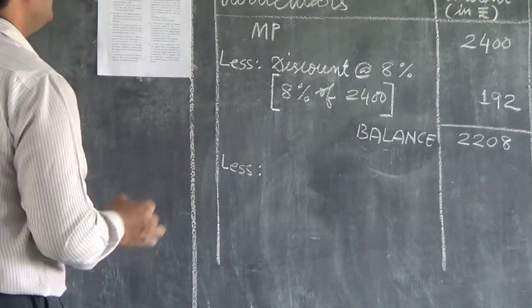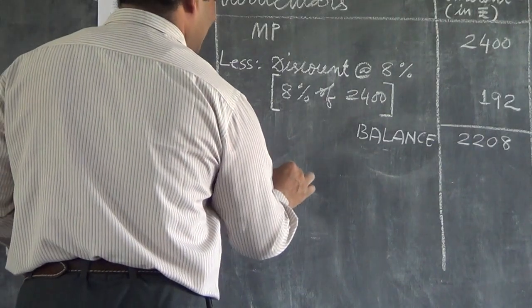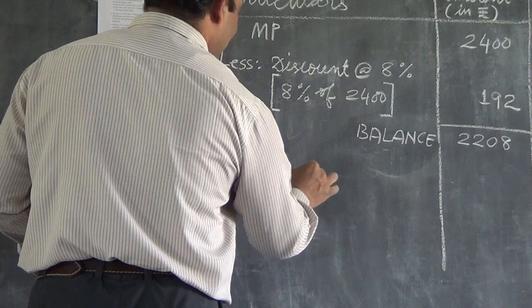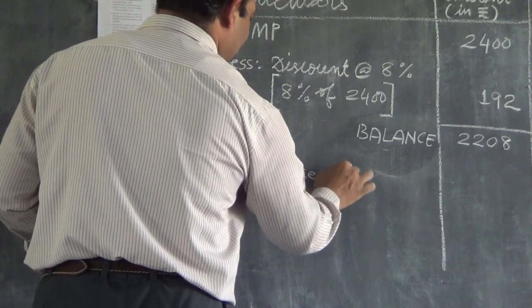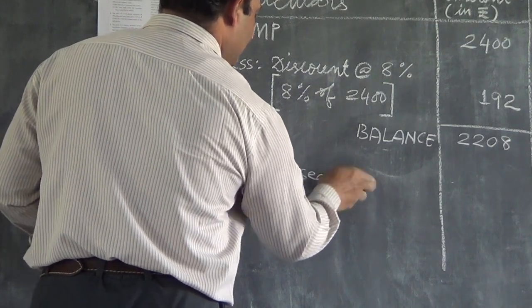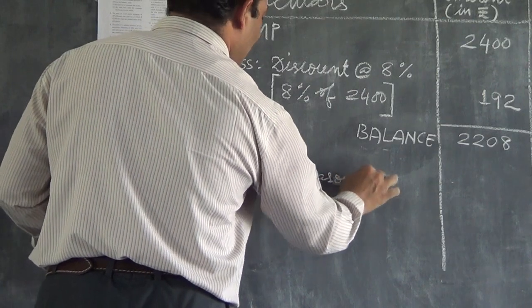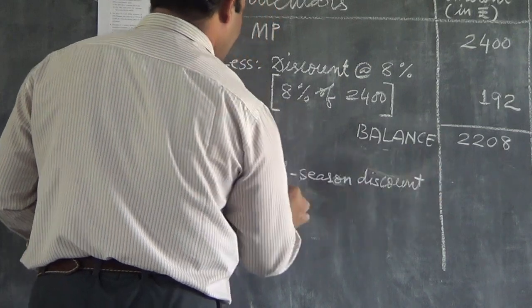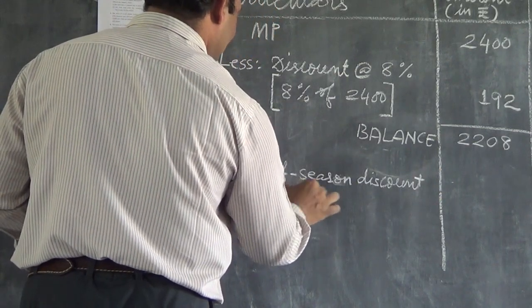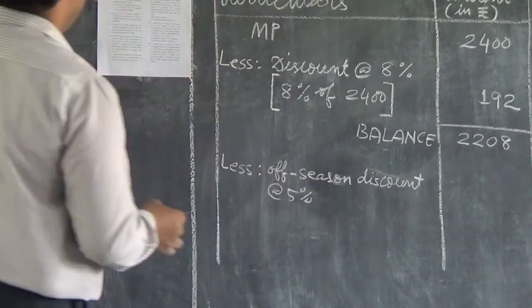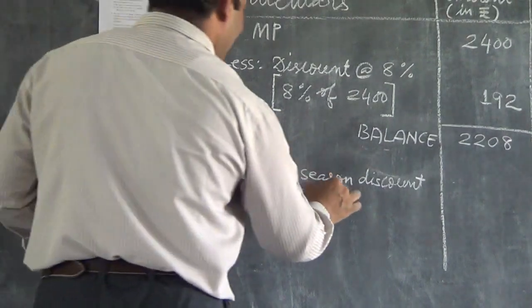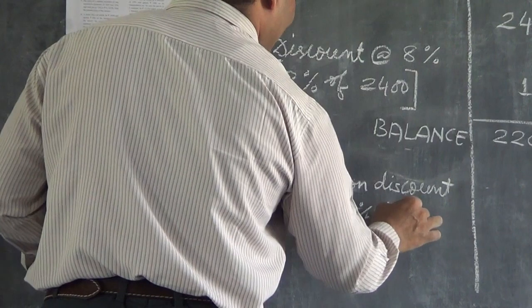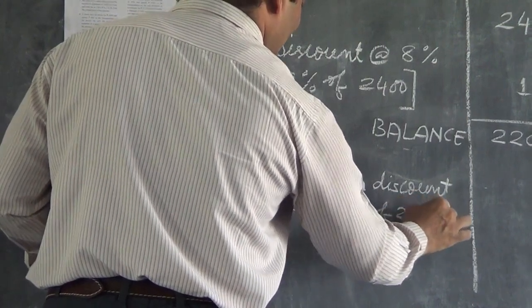and again I will do the discount here, off-season discount at 5%, and I will write here 5% of 2208.